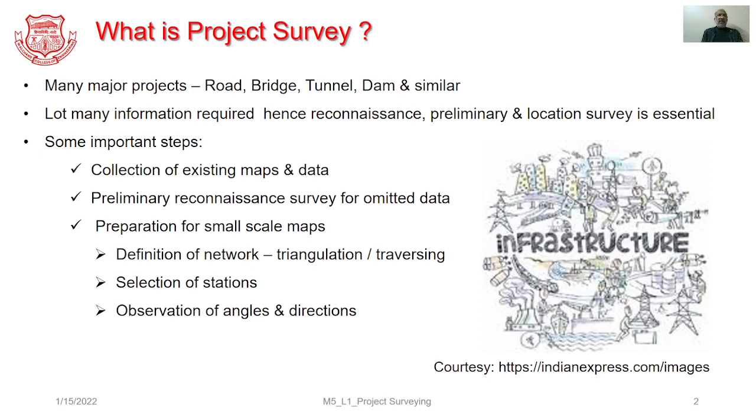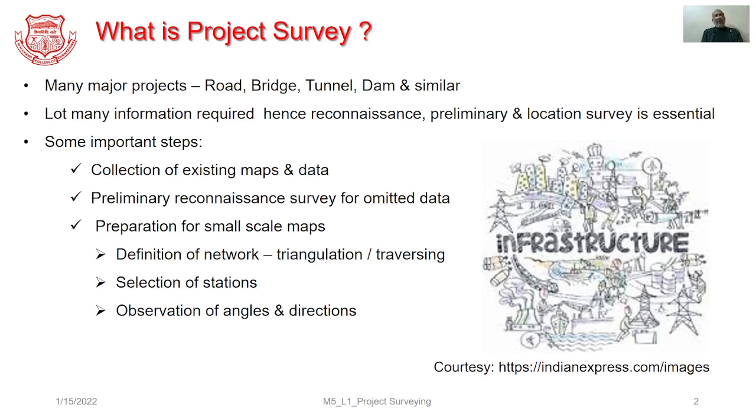So that information needs to be collected. As the need of a particular project is studied during the office stage of a surveying work, the gaps could be identified, and in order to catch that omitted data, some preliminary as well as reconnaissance surveys could be taken in hand.